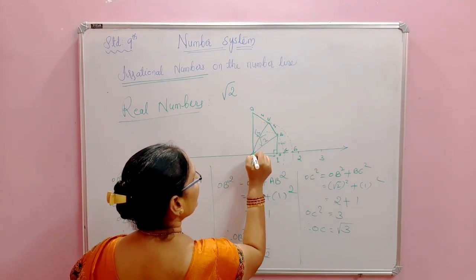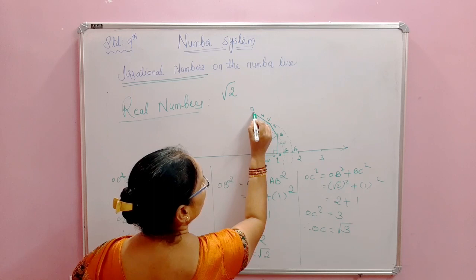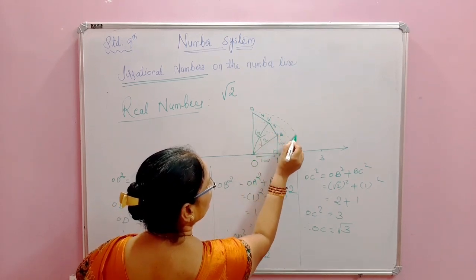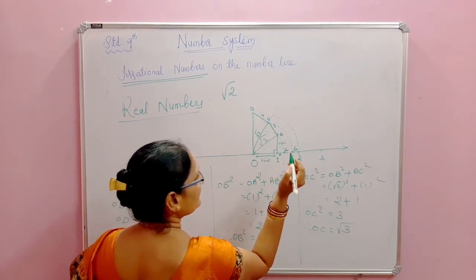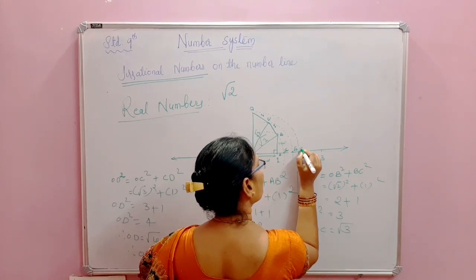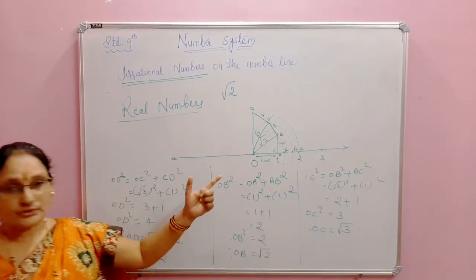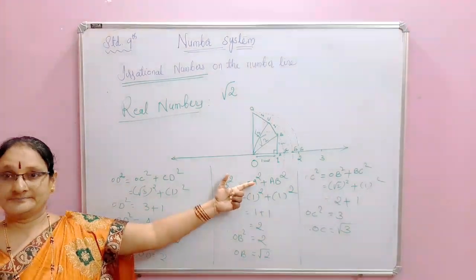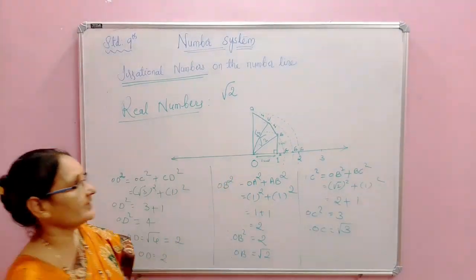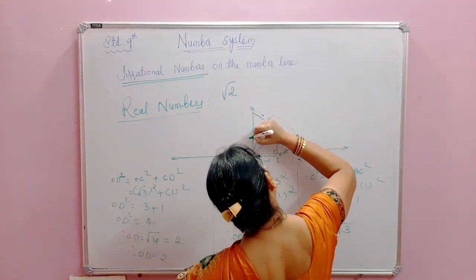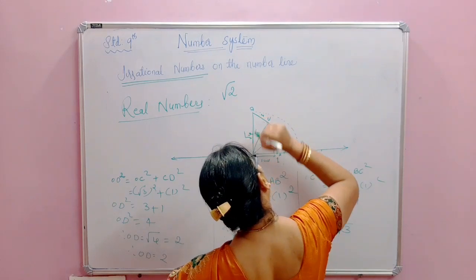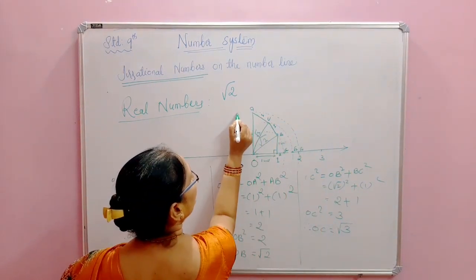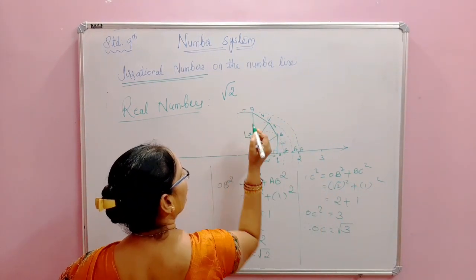Now, take the radius of OD and just draw an arc. See here, it comes exactly on this, this is root 4. You know it already, root 4 equal to 2. It comes on the 2 only. Same way, here you have to take 1 unit again.